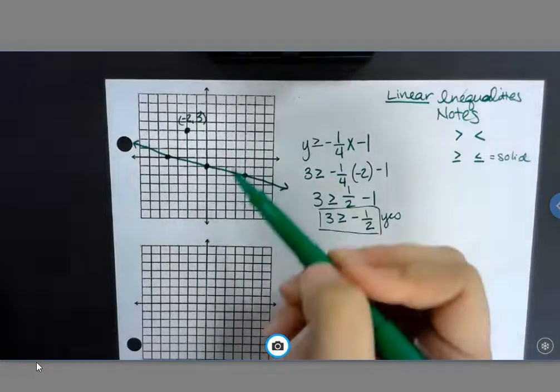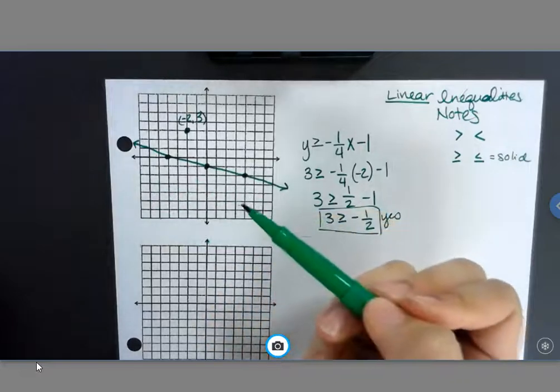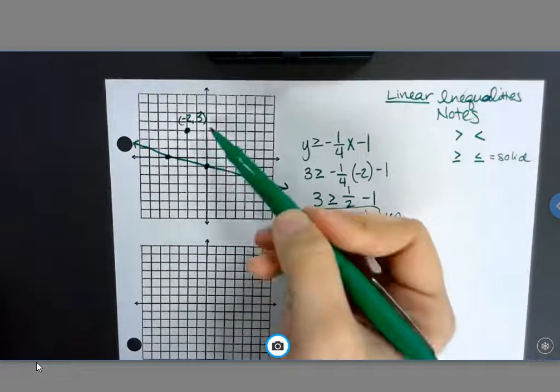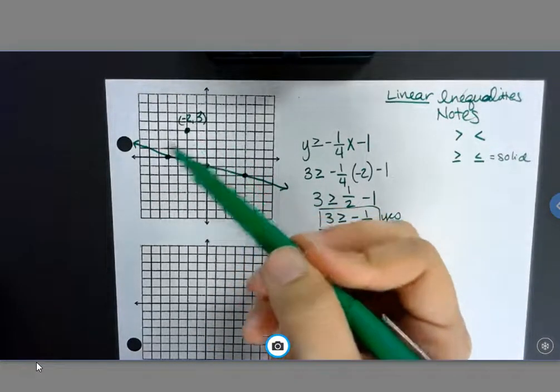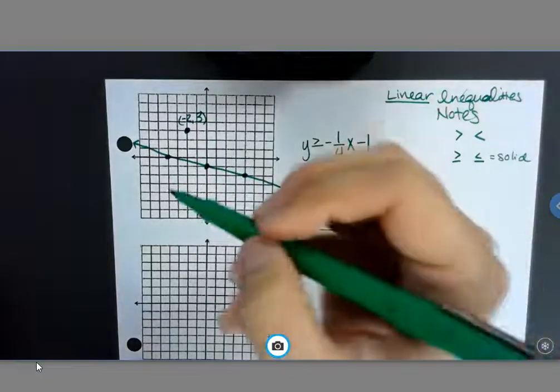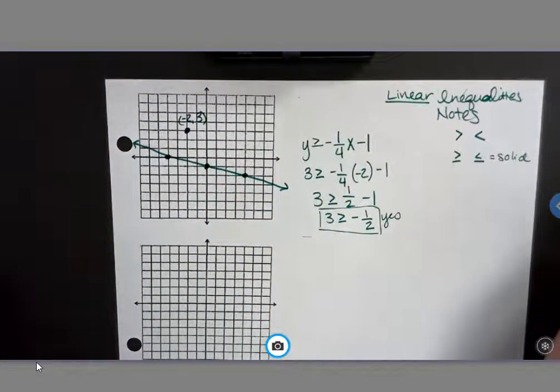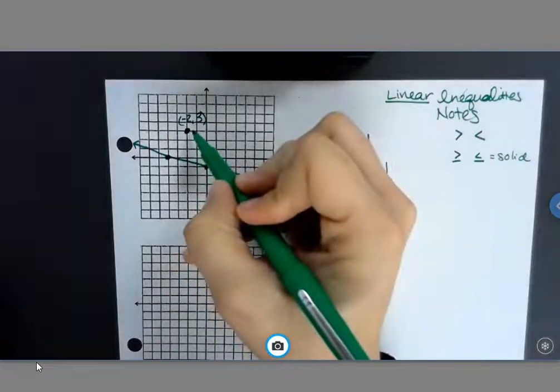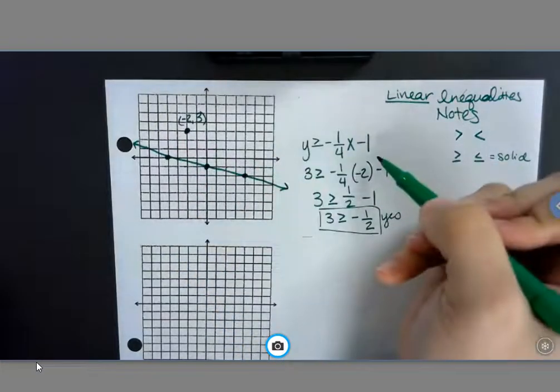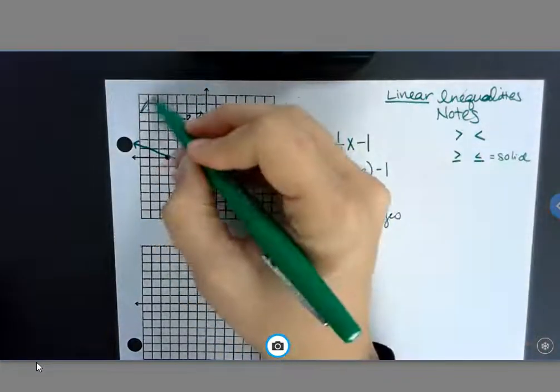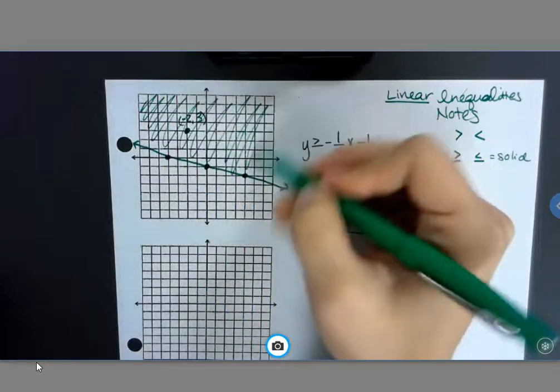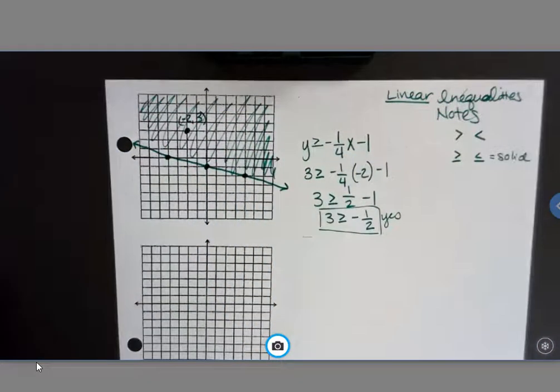We could test every single point on this entire graph, but we don't need to. We only need to test one. Okay, you will then shade on whichever side of the graph all the solutions fall. So since this was a yes, this works for this inequality, we will shade on the same side as that point.